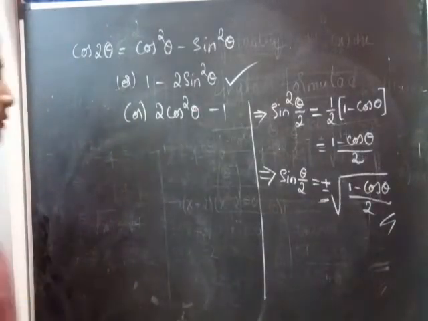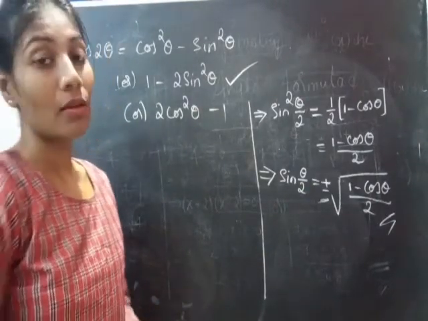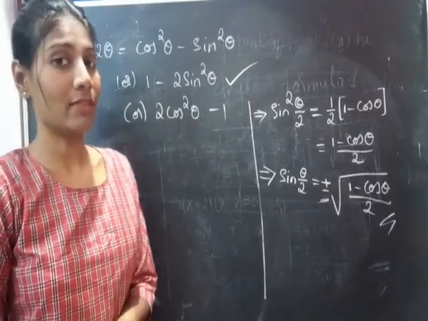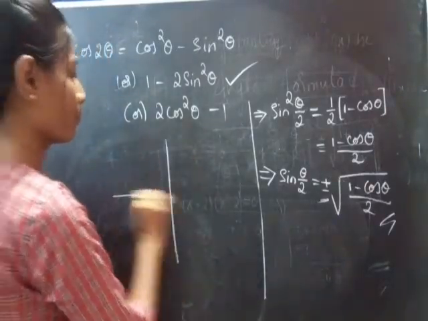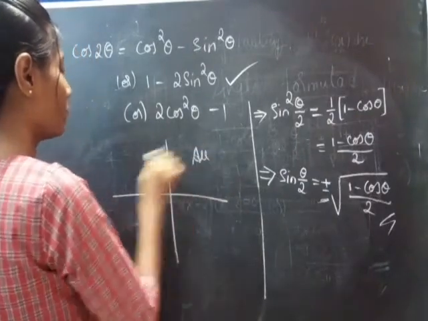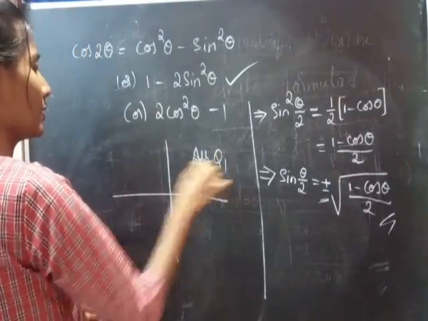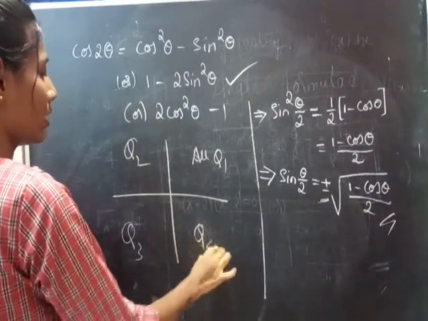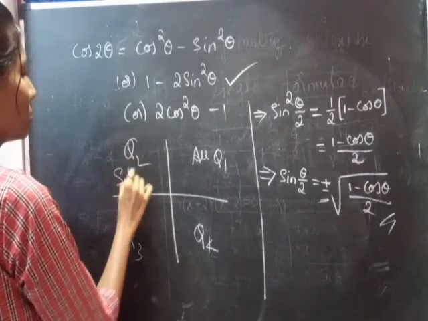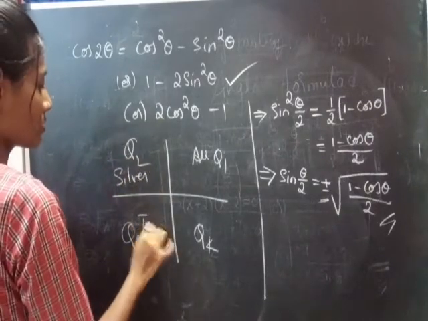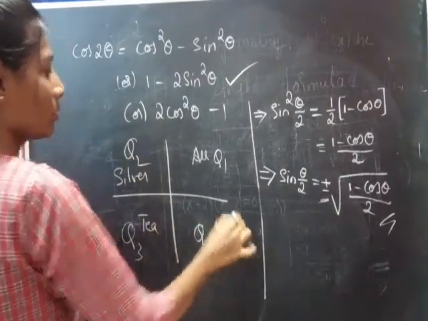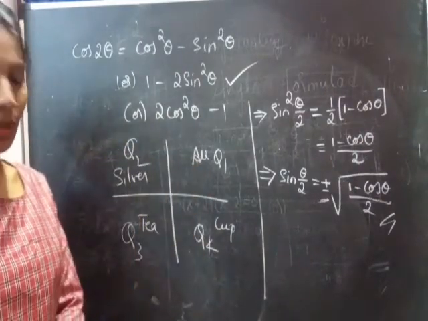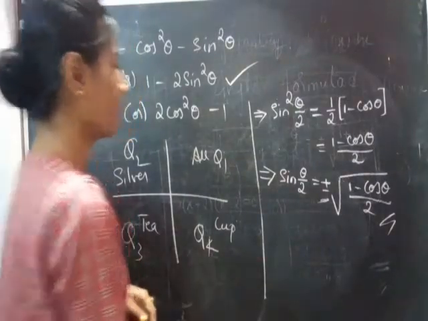And the symbols always depend upon the quadrant: all silver teacups. First quadrant, second quadrant, third quadrant and fourth quadrant. All silver teacups. Okay. Symbols always depend on the quadrant. Okay. Fine.